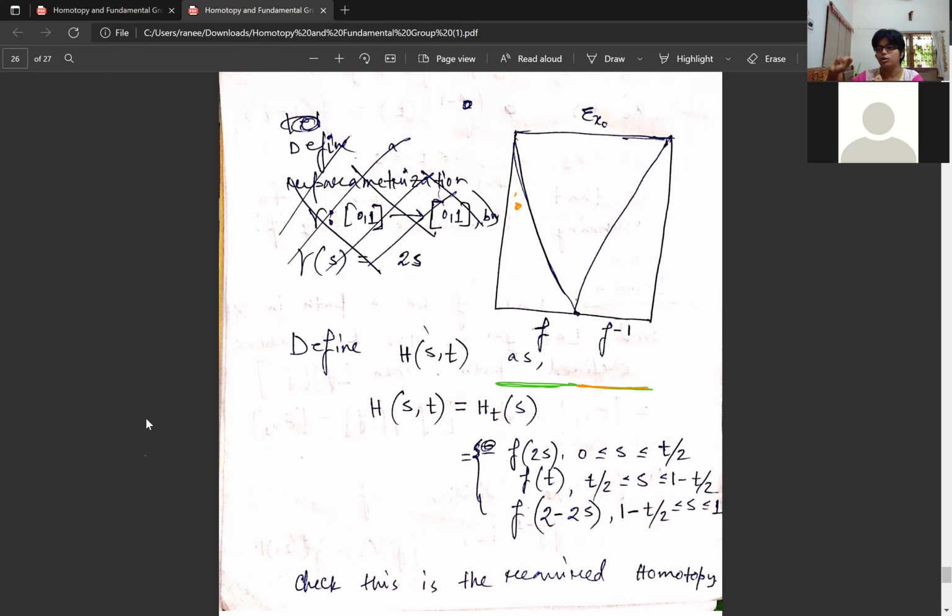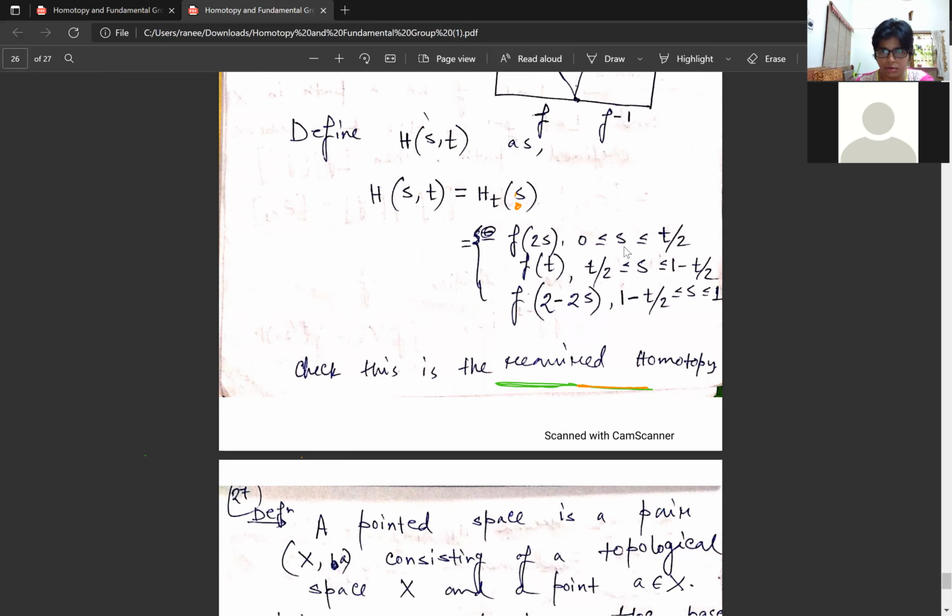So look at this here, the definition of f inverse. This is f inverse of 2s minus 1, and in the definition of f inverse, f inverse of s is f of 1 minus s, and then we are getting 2 minus 2s, right? So what does it mean? It means that the homotopy here is, okay, just a minute.